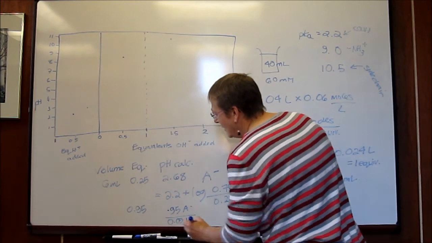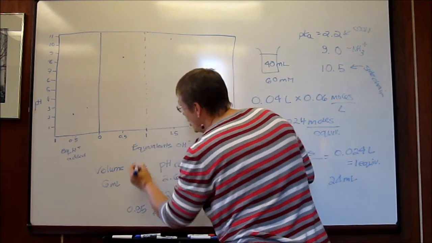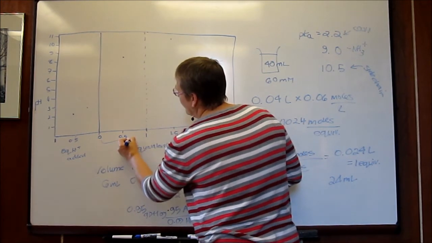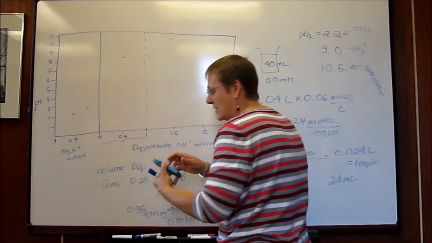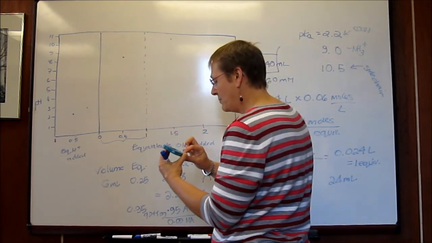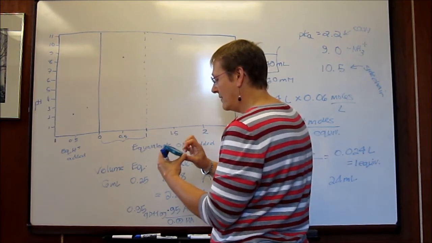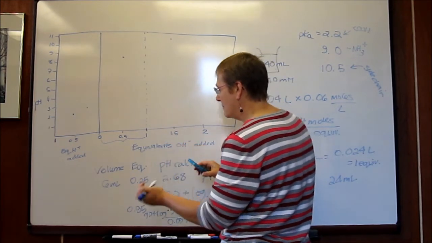If we took the log of that ratio and added the pKa of 9 to it, because we're still, in a sense, titrating out this first group here, that would give us 0.95 divided by 0.05, the log of that, plus 9. I got a value of 10.1.